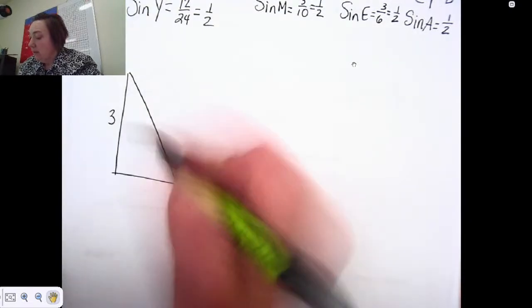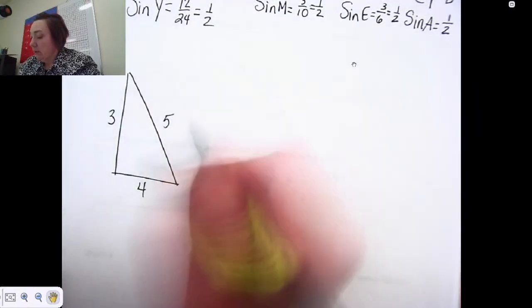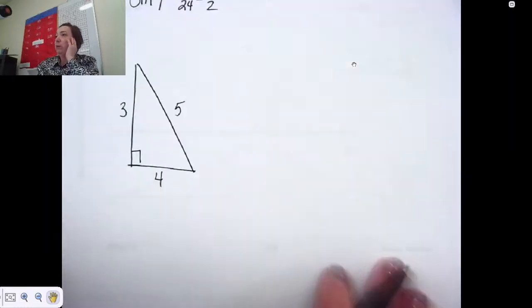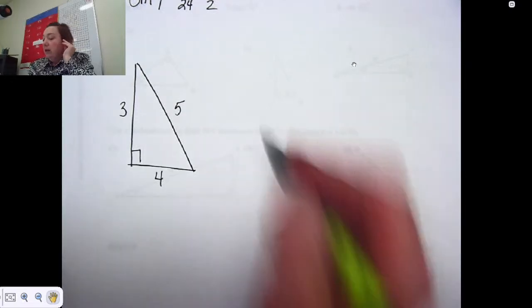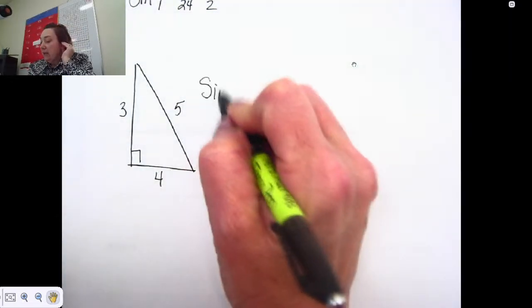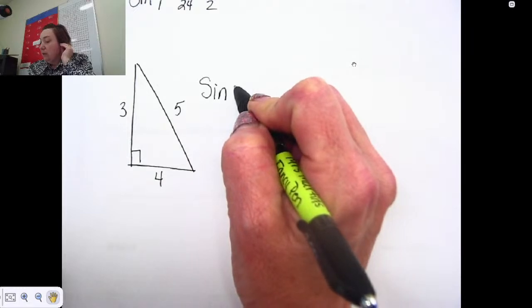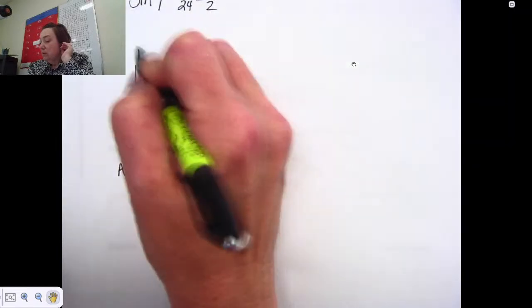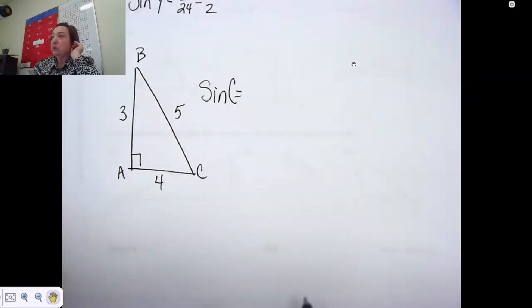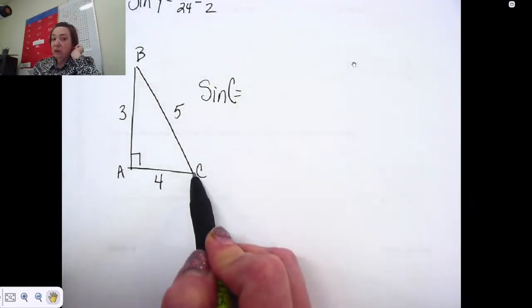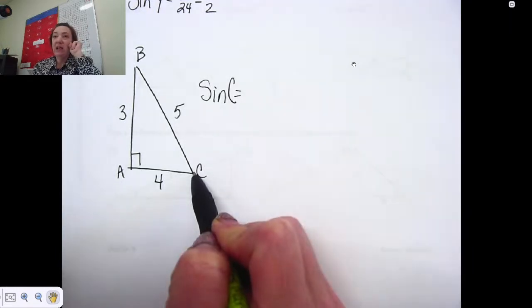Okay, if we did a 3, 4, 5 triangle, right? That was one of our Pythagorean triples we learned about. And I asked you to find the sine of angle C. The sine of angle C, right? So angle C is here. Sine is opposite over hypotenuse. So what would be the opposite side from angle C?